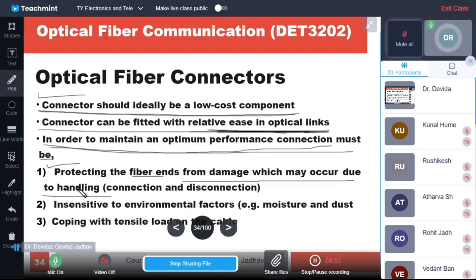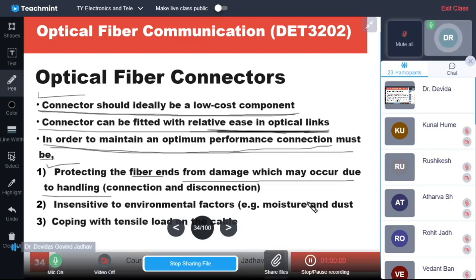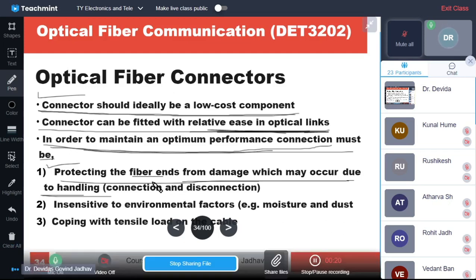Due to the mounting and demounting, there is damage to the optical fiber ends, so protection of the fiber ends must be there. This is to maintain the optimum performance. If the fiber ends get degraded, the performance, that is the loss and alignment, gets affected. Loss will increase and misalignment will increase.